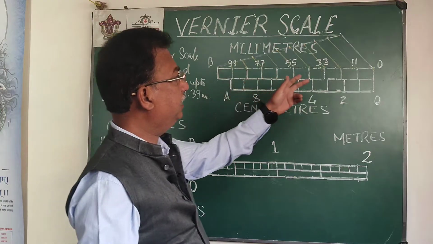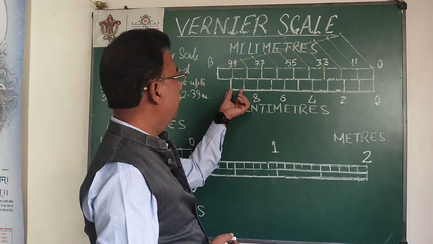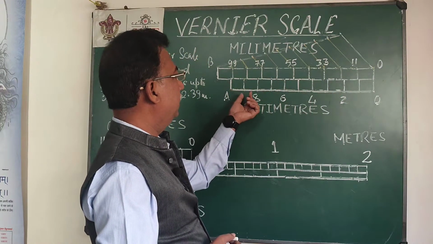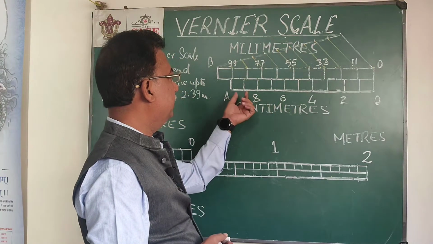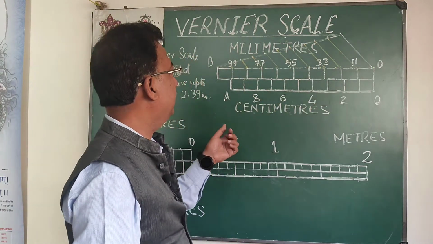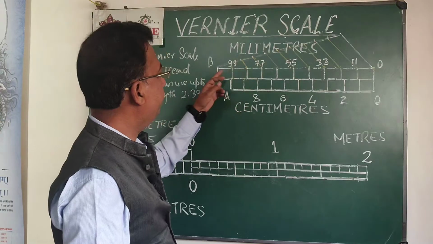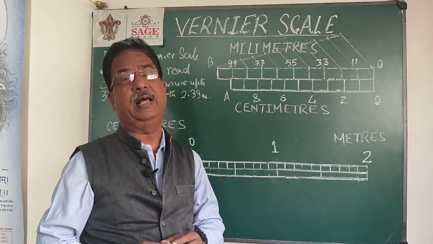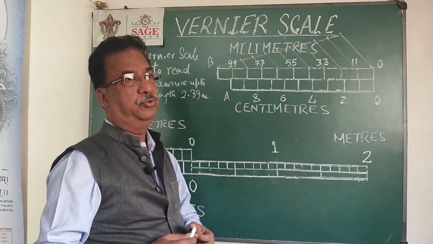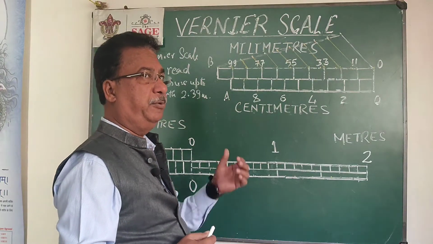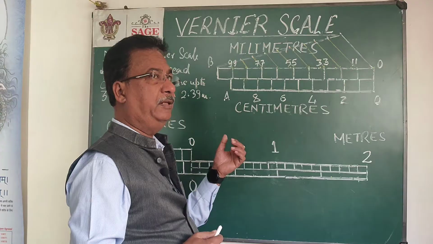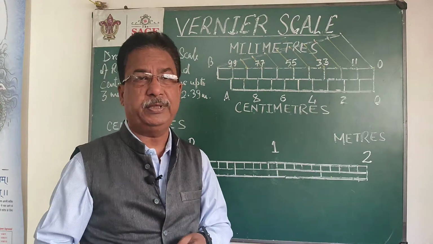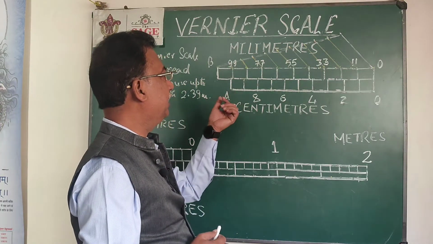In the primary scale, I have taken the length OA to be 10 centimeters. In the vernier scale, we will take a length OB equal to 11 centimeters. So in the primary scale there is a length of 10 divided into 10 parts, so one part is 1 centimeter.